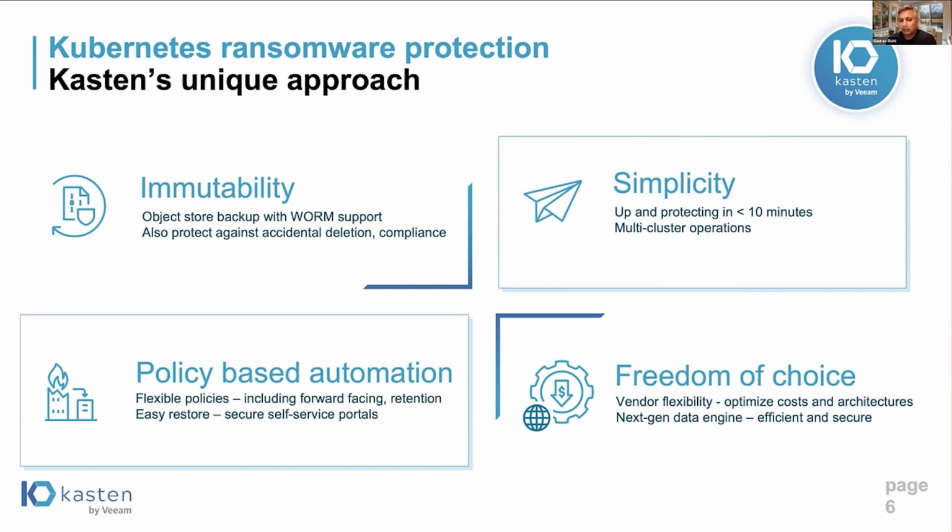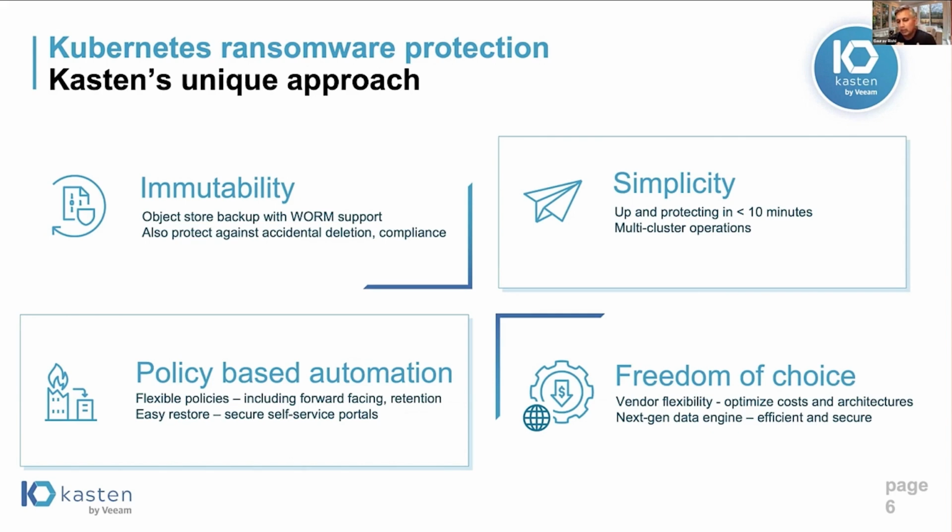We have also made sure that Kasten K10 has the next generation data engine under the covers, which gives you an additional level of efficiency and security by taking the minimal amount of footprint. And if you go back to the original slide where I was talking about over-permissions, we ourselves run with restricted permissions as Kasten K10.